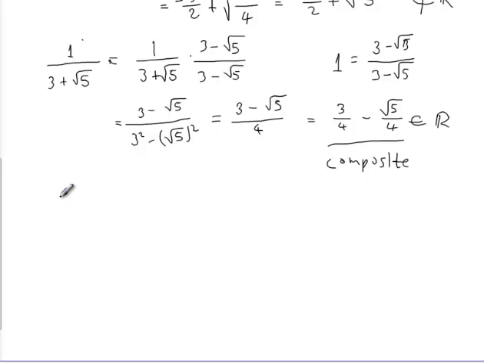Now I want you to do this. I'm inviting you to handle this one. I've got 2 over 3 plus the square root of minus 6. I'm asking you to apply the same kind of manipulation, taking into account all the things about conjugates.